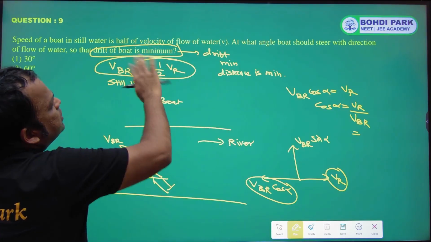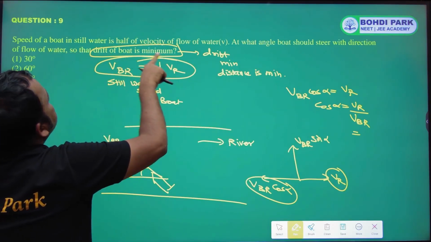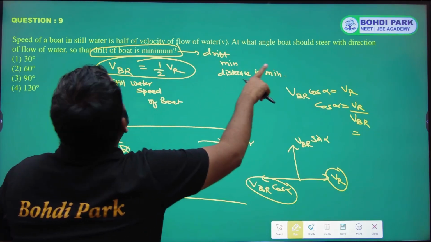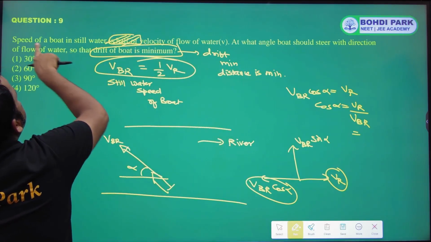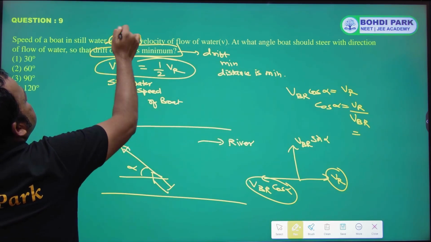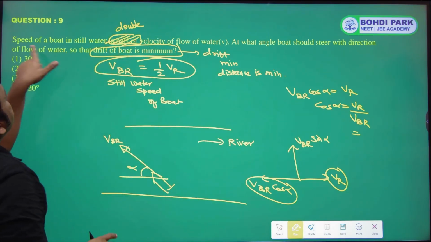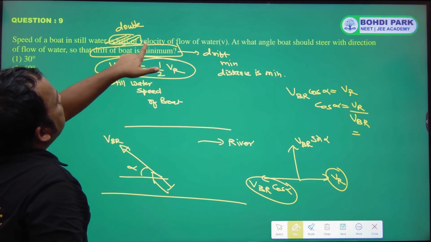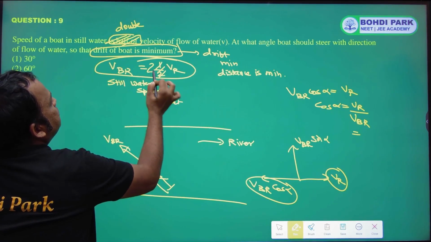Okay, this question is wrong actually. It should be double here. It's the problem with the question. The speed of boat in still water is double. Correct the question. The speed of boat in still water is double velocity of flow of water. So instead of 1 by 2, it should be 2 here.